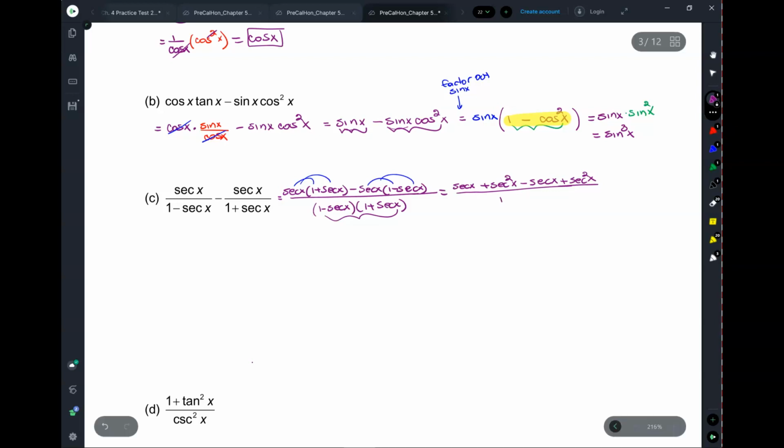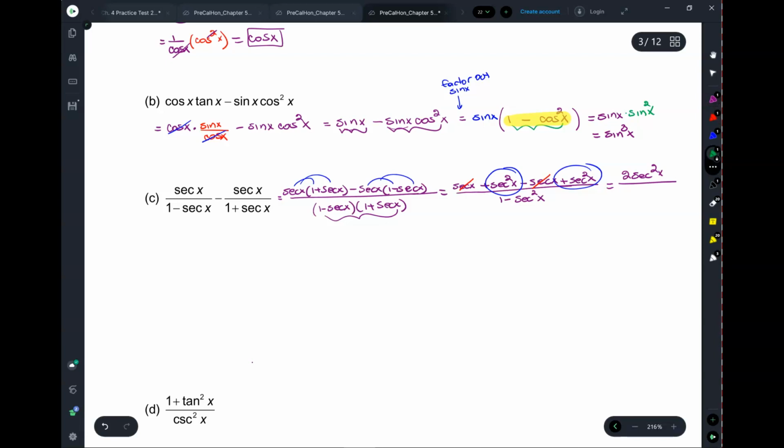So it's going to be 1 minus secant squared x. Square the first, square the second, and a minus in the middle. Now something beautiful happens because I've got a positive secant x and a negative secant x, and those cancel out. I've got a positive secant squared and a positive secant squared, and that will be 2 secant squared x.